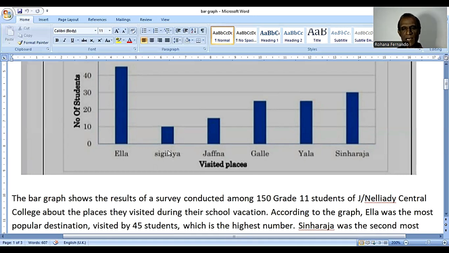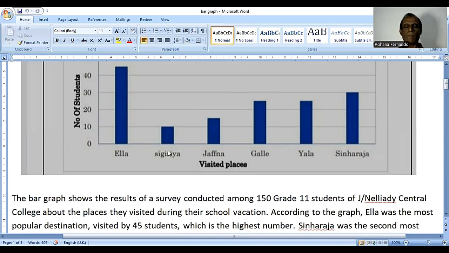Normally, students say the highest visited destination was Ella. It is visited by 45 students, or it is 45 students, or Ella is the most famous among the students, and so on. But it's better if we can put this information together.